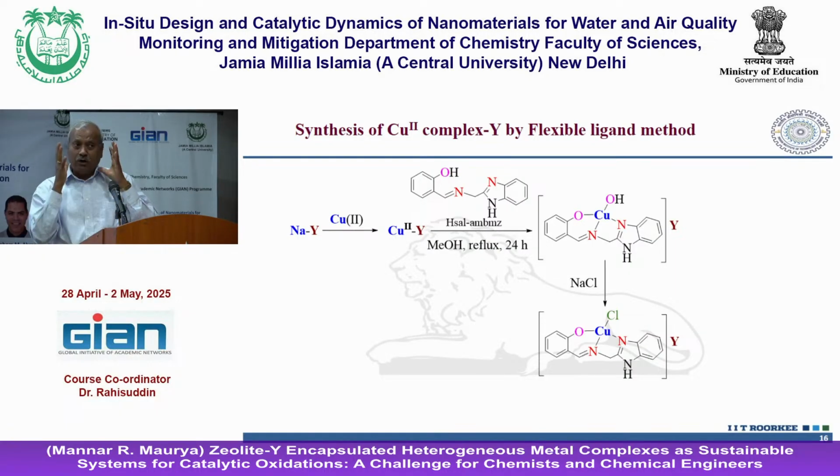So when it all comes together it will form the phthalocyanine and metal complex inside the cavity only. Okay, and then you wash out, remove everything, and then you have an encapsulated metal complex.